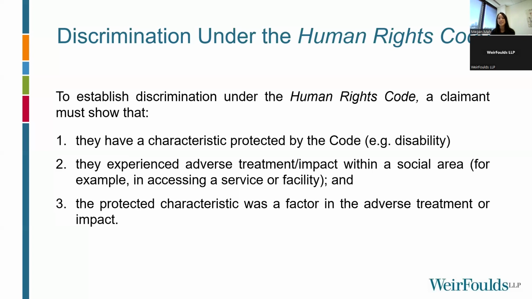So an example in our case is if a hearing instrument provider refuses to provide services to a customer because they have a guide dog or support person with them, this would likely constitute discrimination under the code because we have the ground of disability engaged, we have adverse treatment or disadvantage with respect to the provision of services, and we also have that protected characteristic, disability, being a factor in that adverse treatment or disadvantage.